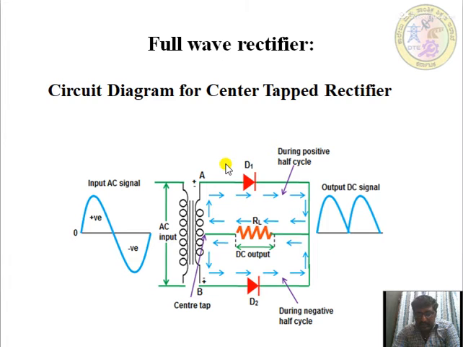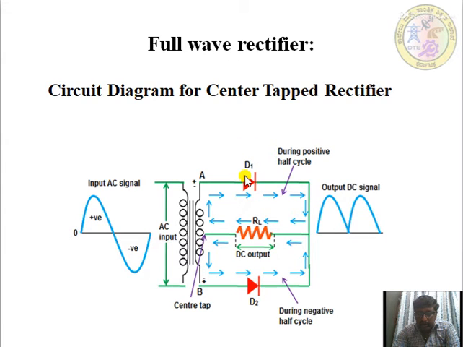Now the working: two diodes are being used. During the positive half cycle, D1 will be forward biased and D2 will be reverse biased, that is, D1 will be conducting and D2 will be in the off state. At that time whatever the input is, the same thing we get as output. During the negative half cycle, diode D1 is reverse biased and diode D2 is forward biased.